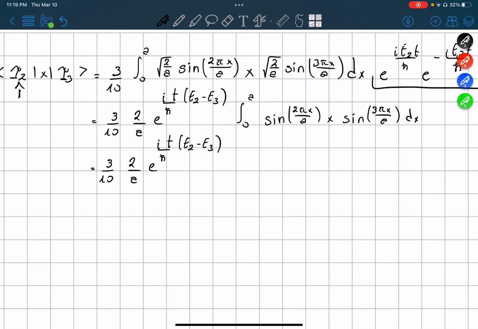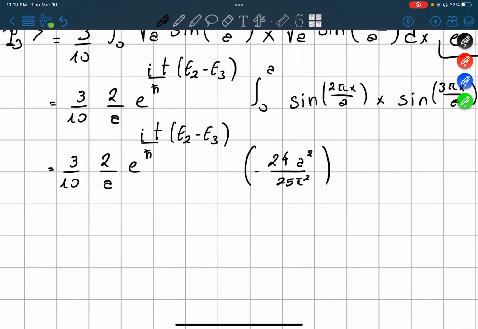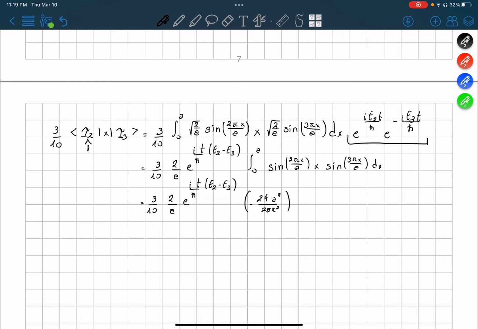Okay, I forgot to write an x in the recalculation. Okay, it's going to be equals to negative 24a squared over 25 pi squared. And that is for this part over here.